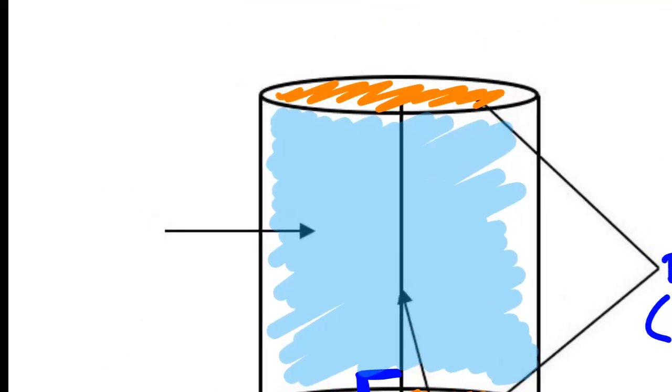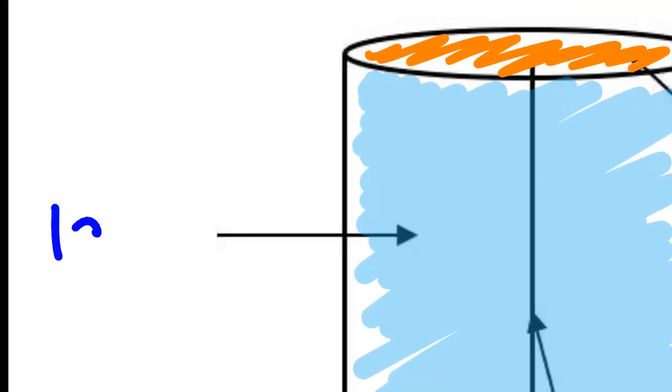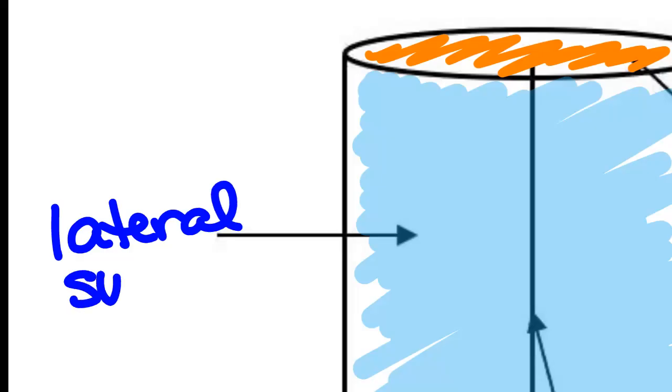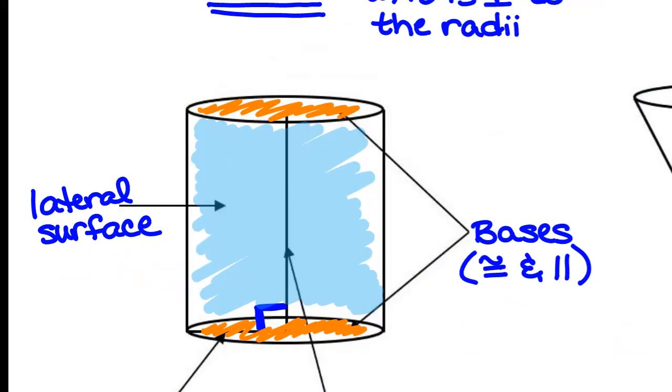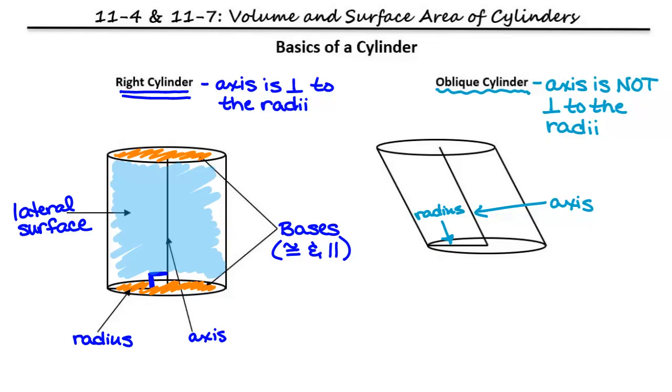This is called the lateral surface. The lateral surface is where the paper would go for a can at the grocery store. So it would basically be the entire cylinder surface area except for those two bases on the top and the bottom.